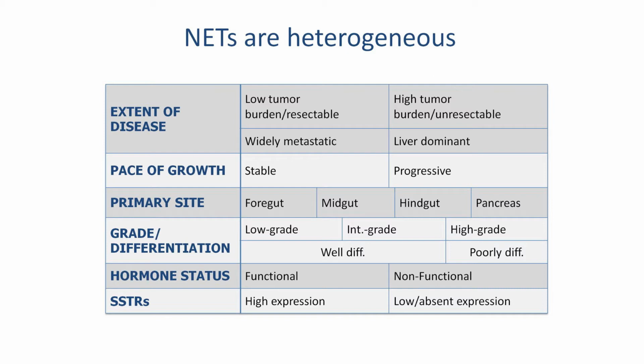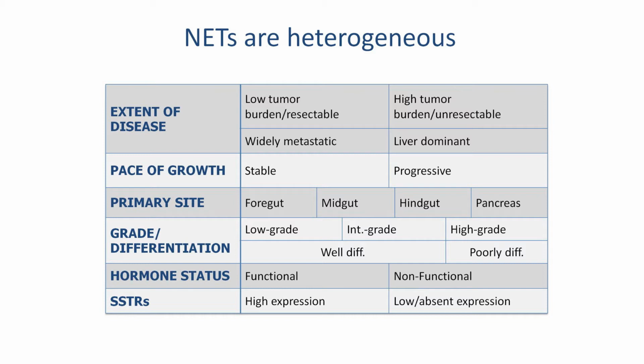One of the first things we want to think about is the extent of the disease that we're dealing with. Is it singular? Is it a couple of tiny lesions? What is the distribution of that disease? Is it throughout the body, or is it only in a couple of organs? We also need to determine how quickly we need to move. Is the tumour behaving with a fast growth pattern or a slow growth pattern?